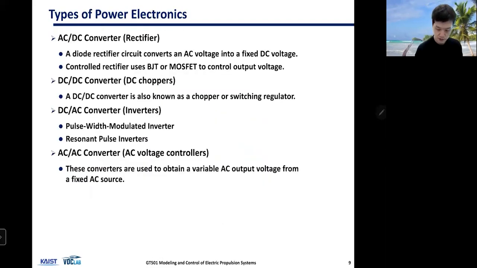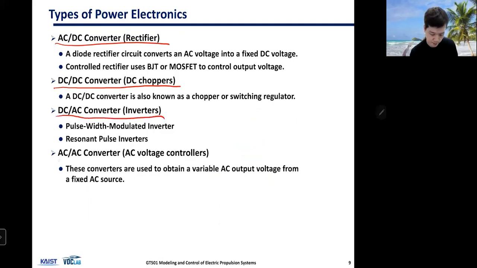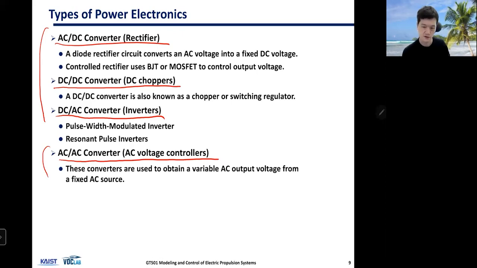So I talked about 4 types: AC to DC converter, DC to DC converter, DC to AC converter, which is called an inverter, and AC to AC converter. Usually we need all these 3, but not the AC to AC converter often.